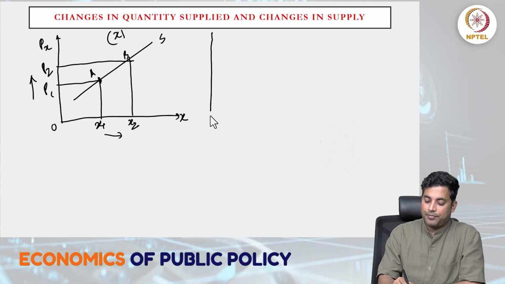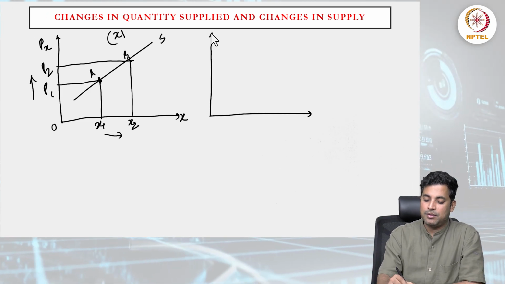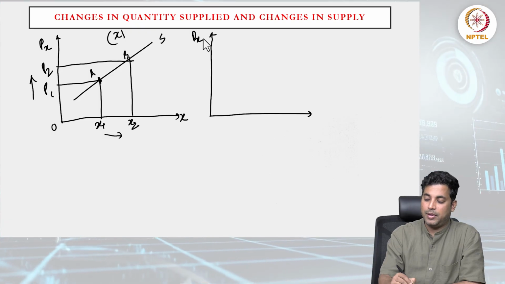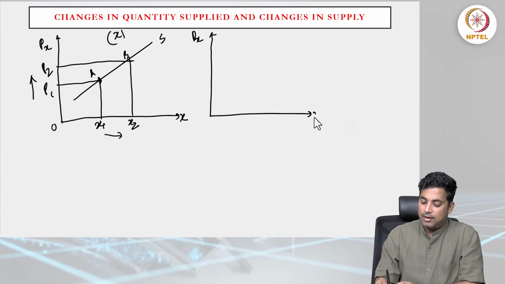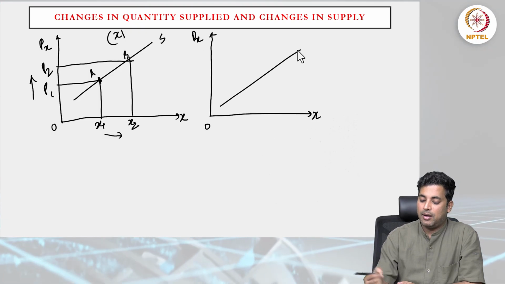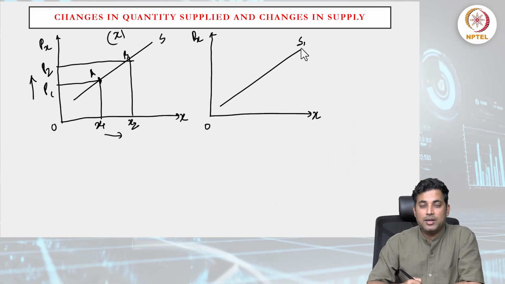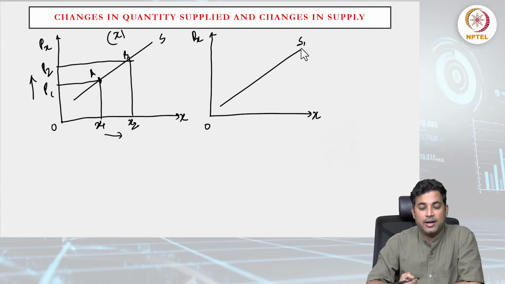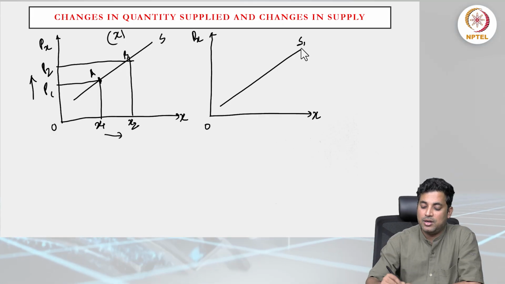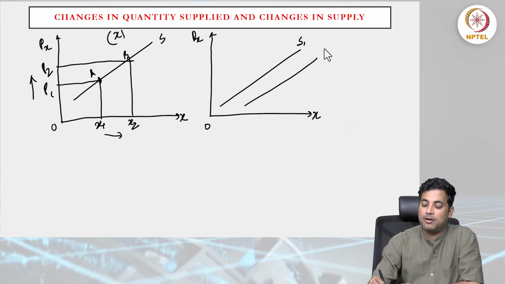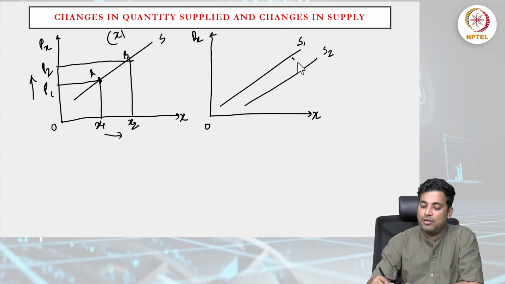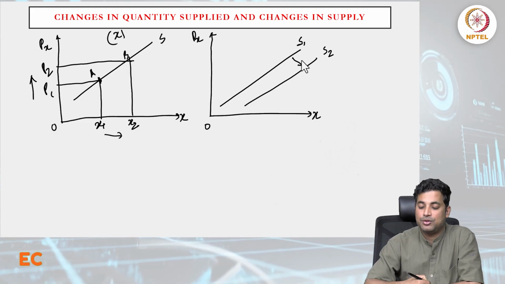Suppose Px and X here, and here supply curve S1, and suppose new technology arrived in the production, and therefore the supply curve altogether will change from S1 to S2.